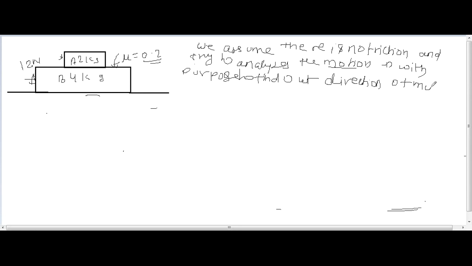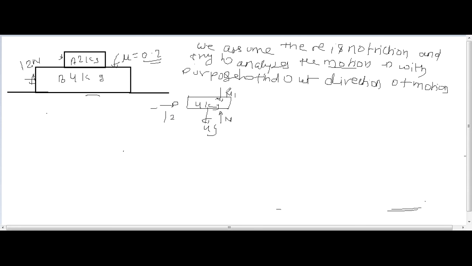We are going to analyze the motion and find out what should be the direction of motion. So if there is no friction, you know this is the 4 kg block, this is 4g, this is N, this is N1, and this is the 12 Newton force.